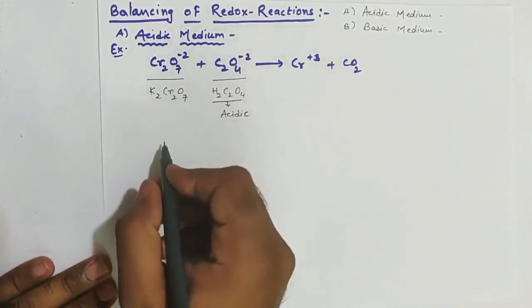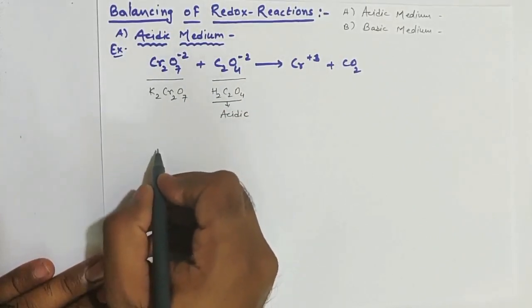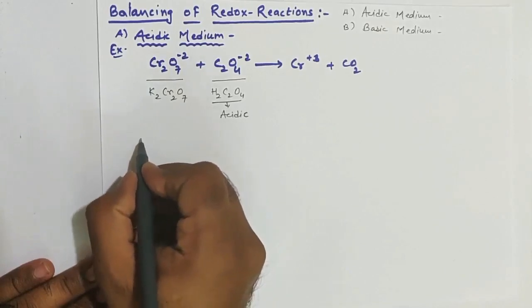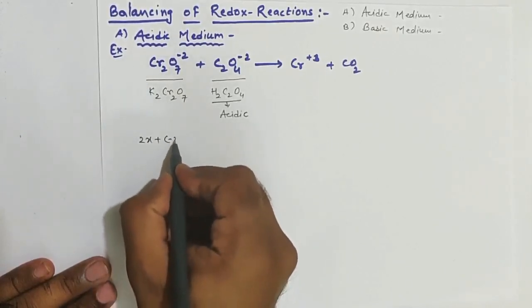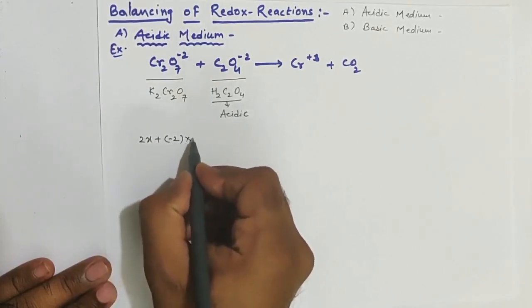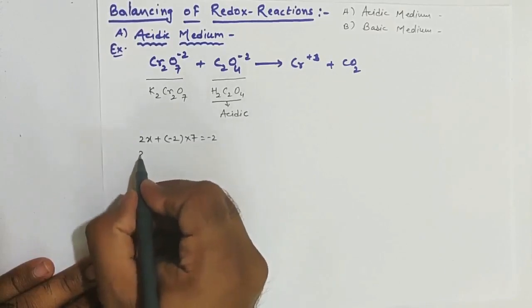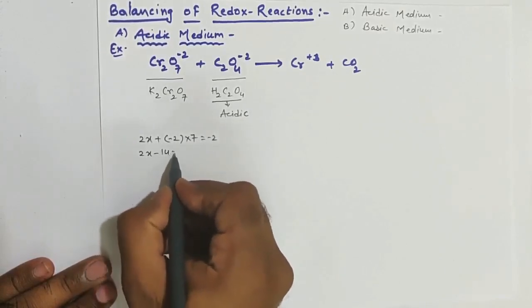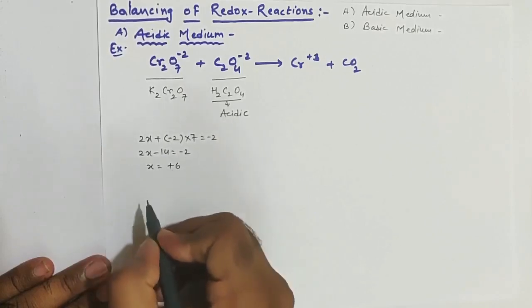In Cr2O7 2-, there are 2 chromium atoms. So we need to calculate the oxidation number of chromium. We will take 2x plus oxygen, having usually -2 oxidation state, multiplied by 7, equals -2. We will get 2x - 14 = -2. Hence x equals +6.